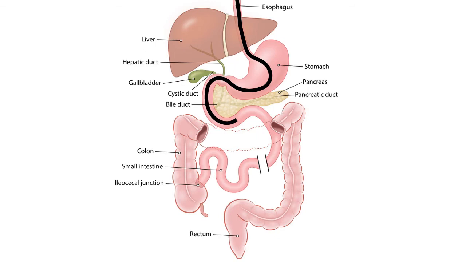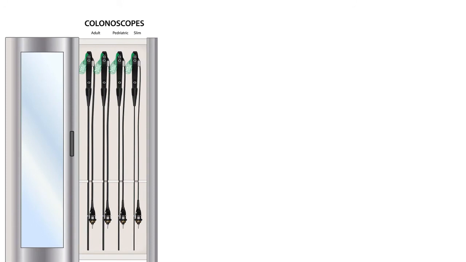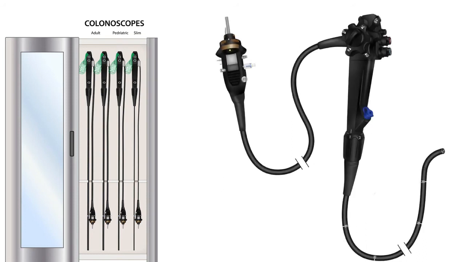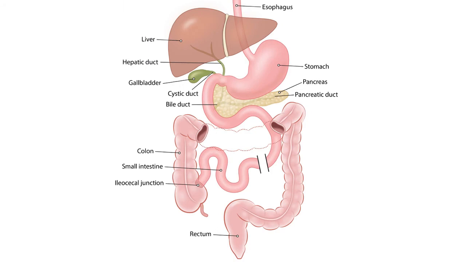So, let us look at what a colonoscopy does. So, here is a colonoscope. It is a little bit longer than a gastroscope and it has a variable stiffness function that we will talk about later. And when it comes to the colonoscopy, it is inserted from the anal canal.